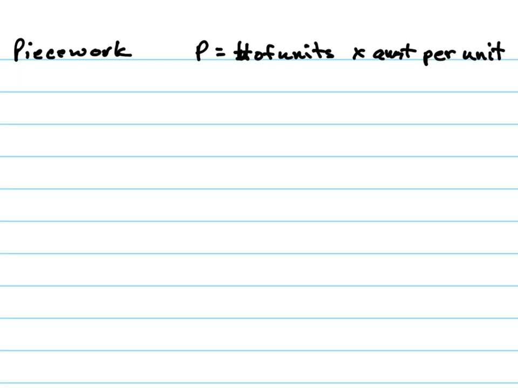So let's look at one. Noah is a tiler, and he charges $47 per square meter to lay tiles. How much will he earn for laying tiles in a room with an area of 14 square meters? Okay, so first of all, let's write down what we know. It's $47 per square meter to lay tiles, and he's going to lay 14 square meters.